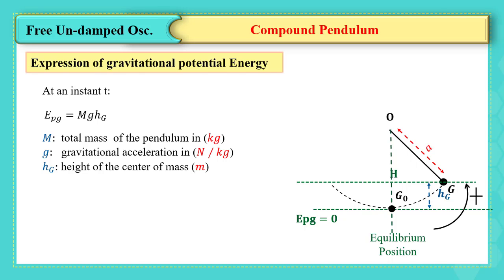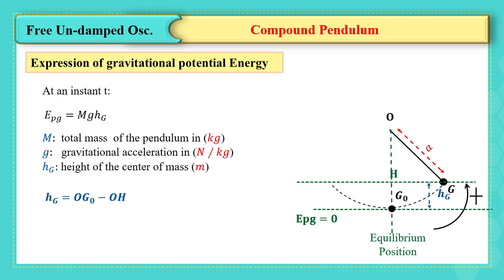This gravitational potential energy is given as m g hG, such that m is the total mass of the pendulum, g is the gravitational acceleration, and hG is the height of the center of mass in meters. But how can we find this height? According to the figure, hG equals OG0 minus OH.